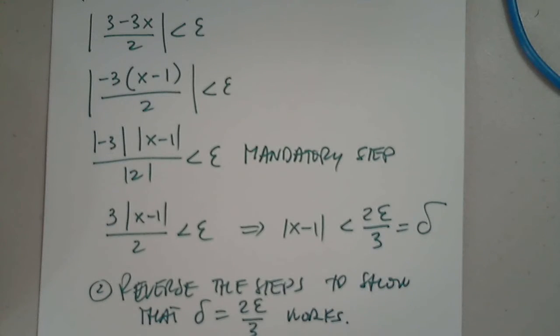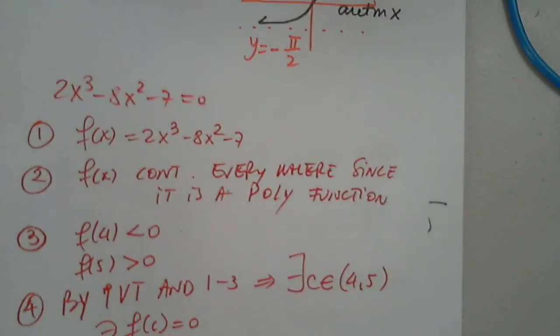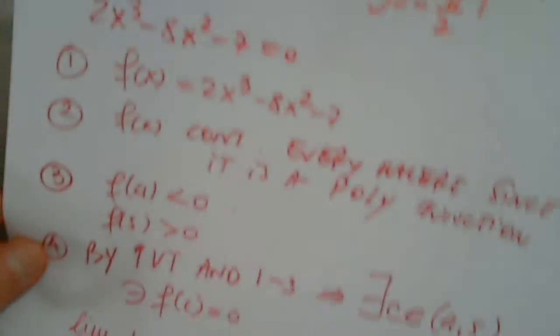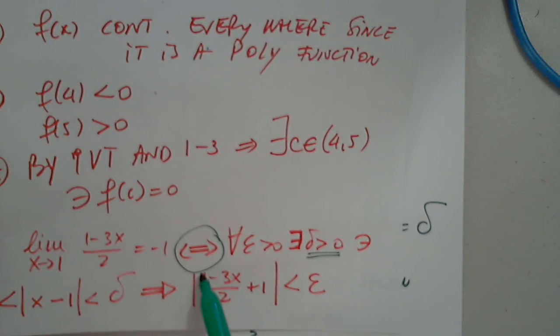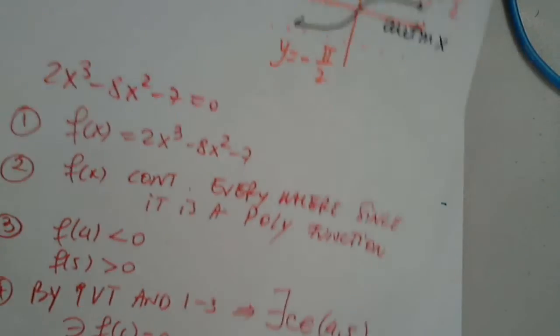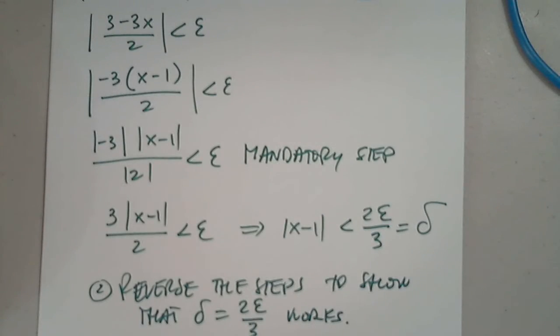This is necessary because of this symbol. Otherwise, it would not be necessary. But because of this symbol, we have to show, or at least show that we know that 2 steps are required. One from left to right, one from right to left. And if you get a delta negative, something is terribly wrong somewhere.